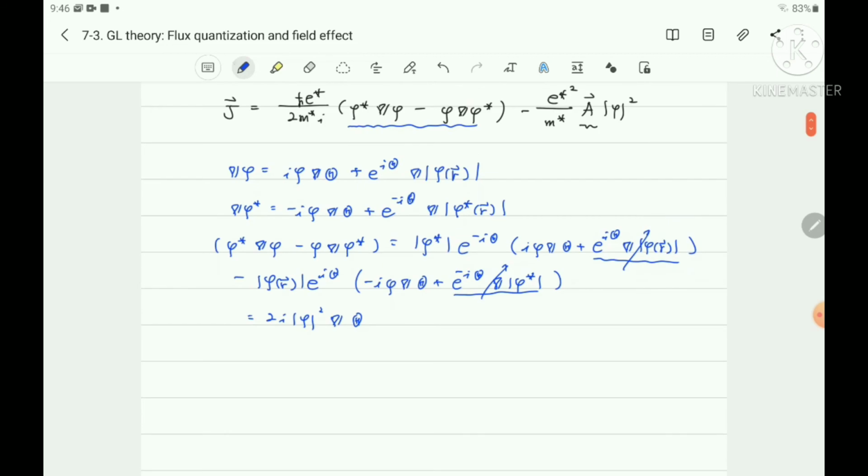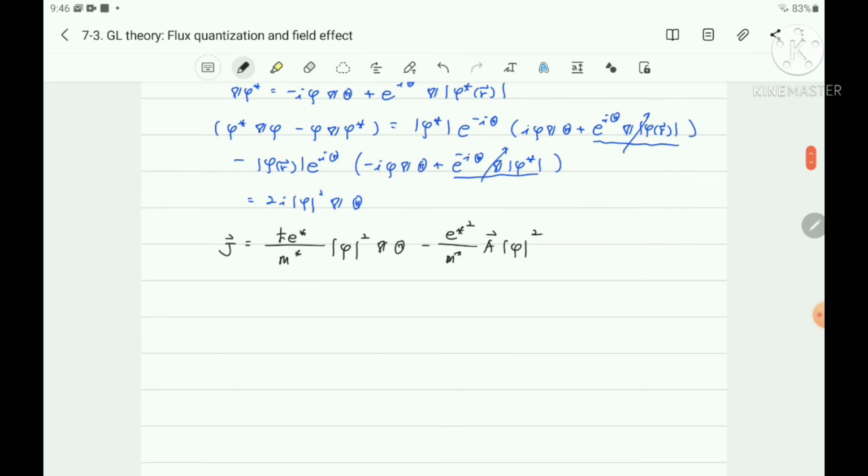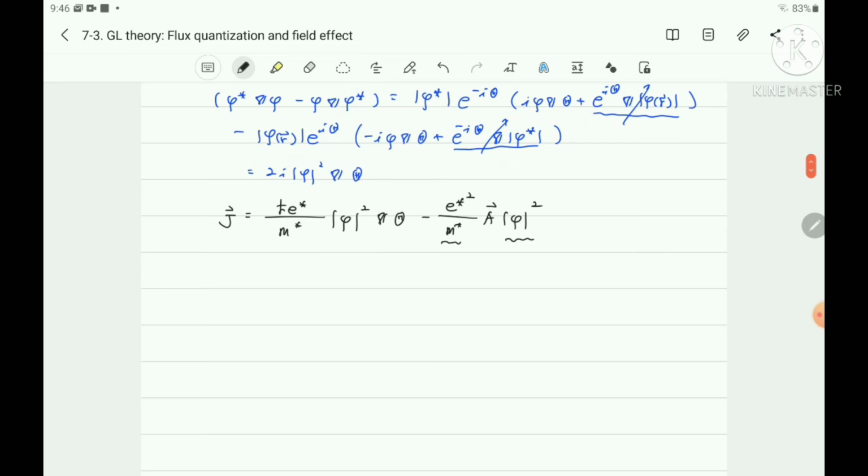Therefore, the second Ginzburg-Landau equation says that J = (ħ/m*) φ² ∇θ − (e*²/m*) A φ², where the 2i cancels. Let's divide by this on both sides and take the line integral.